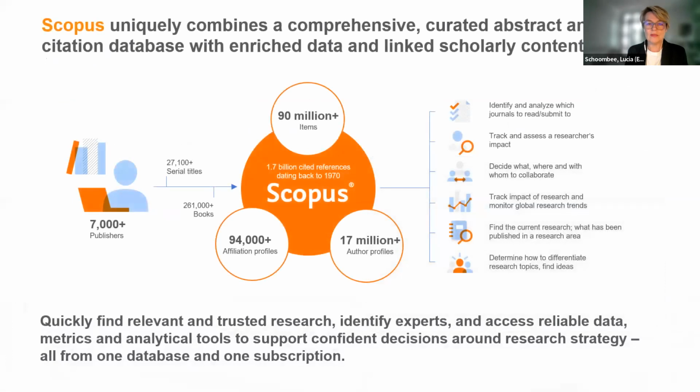So Scopus covers the journals of more than 7,000 publishers. Those 7,000 publishers have more than 27,000 journals. We index those journals in Scopus, and we also link every publication to an author profile and to an affiliation profile. So there are almost 100,000 affiliation profiles.